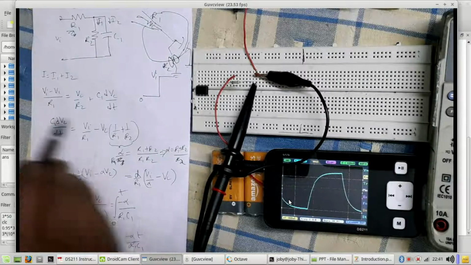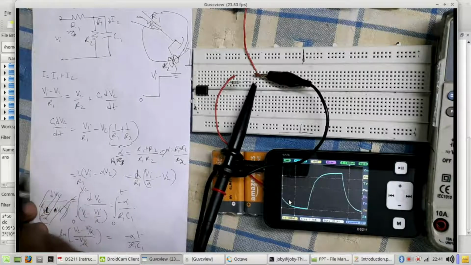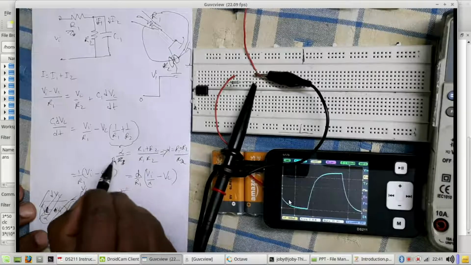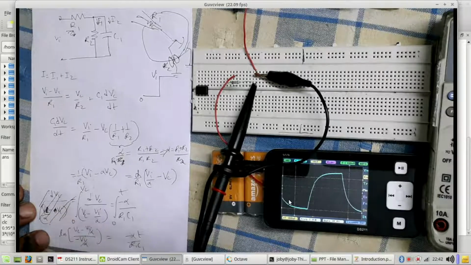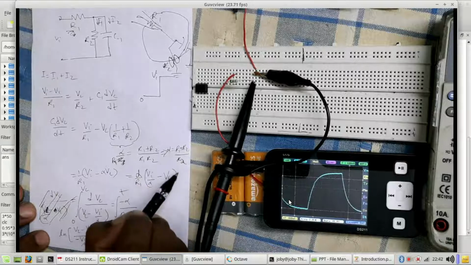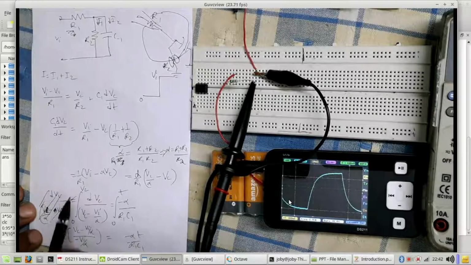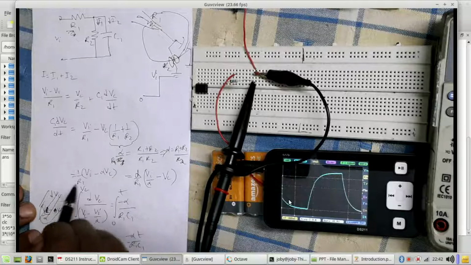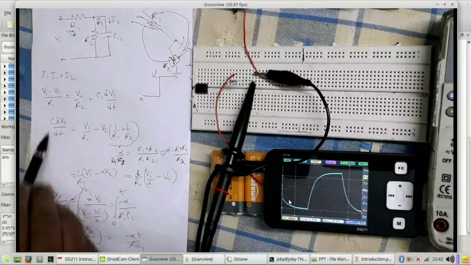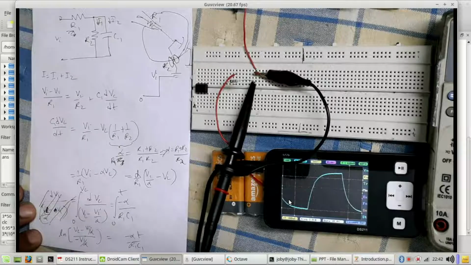Similarly, if you rearrange the equations, you can represent this as alpha by R1, where alpha is (R1 plus R2) by R2. Rearranged, it becomes (1 by R1)(Vi minus alpha Vc). The left side is of course C1 dVc by dt.